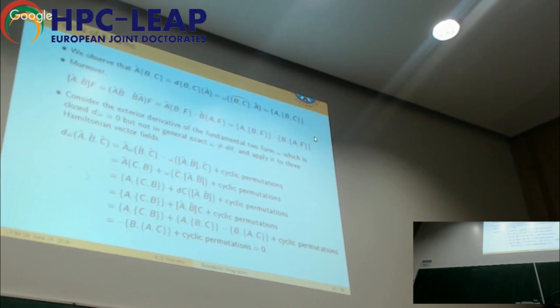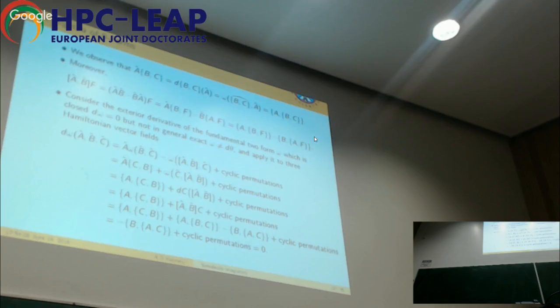But now, using the definition of what I meant by Hamiltonian vector field, I've got d of the 0 form, that 0 form being the Poisson bracket. There is a Hamiltonian vector field corresponding to the Poisson bracket, because there's one corresponding to every 0 form. So this exterior derivative of the 0 form applied to a particular vector field A hat is just omega of the Hamiltonian vector field, the Poisson bracket of B and C hat, with A hat.